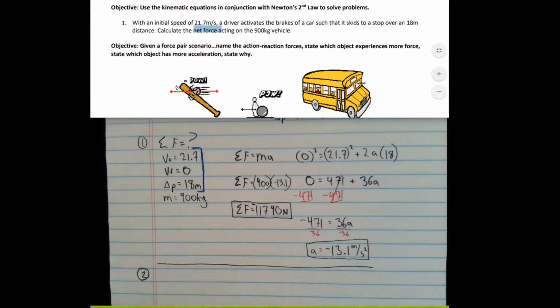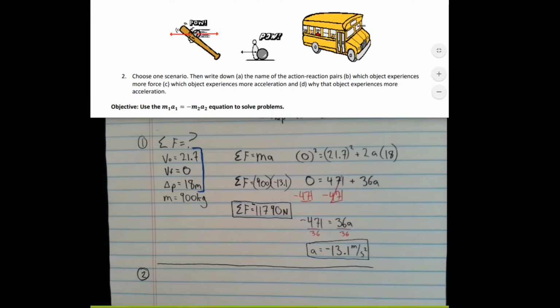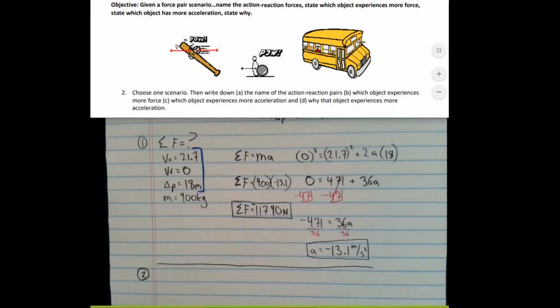Number 2 is all about Newton's third law. And what we do here is we kind of use the definition of Newton's third law to answer some questions.